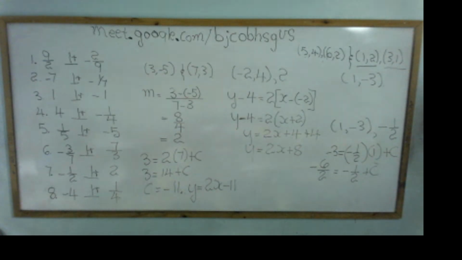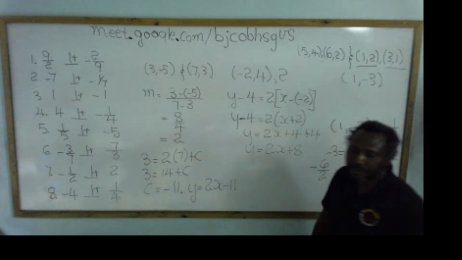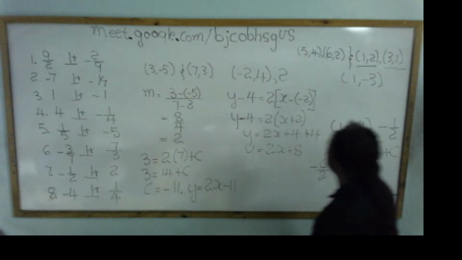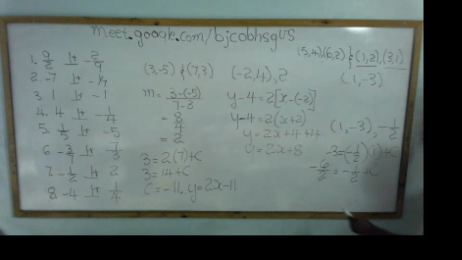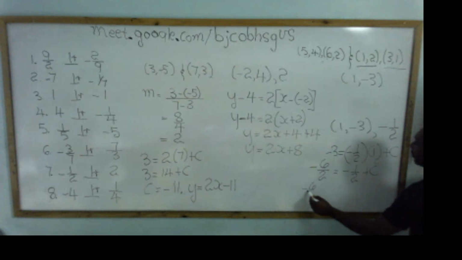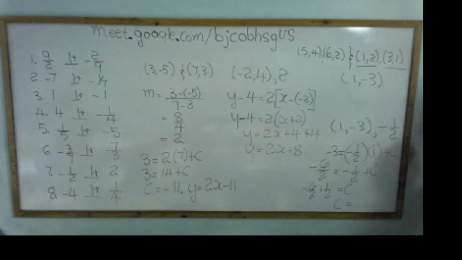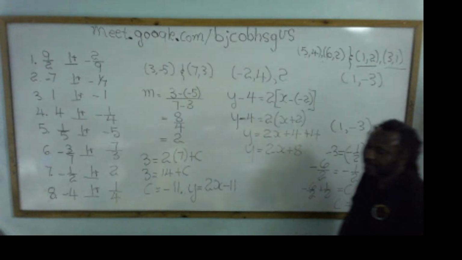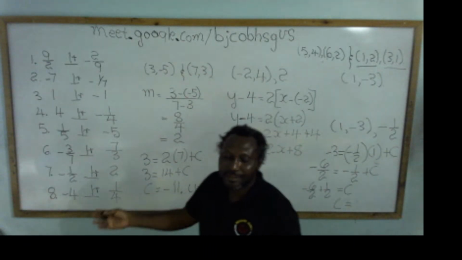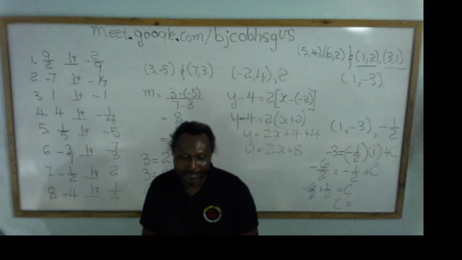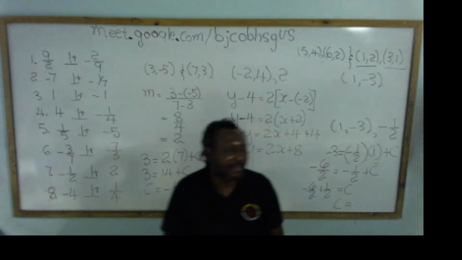So, what do we say for this? We're going to add half to both sides. When we add half to both sides, I'm going to do it literally. Negative 6 over 2 plus 1 over 2 is equal to c. So c is equal to negative 6 plus 1. See? You cannot hide away from your directed numbers.